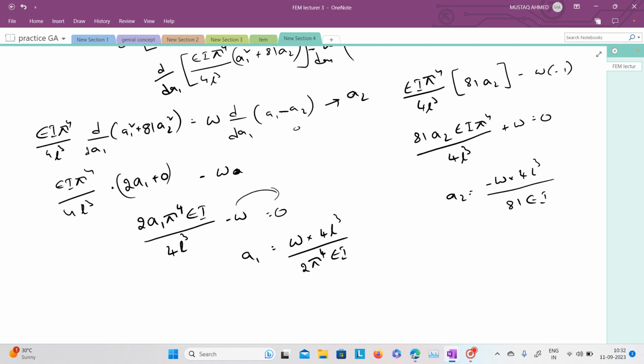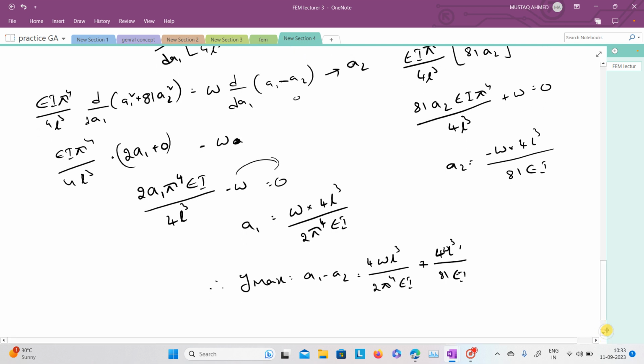Now, therefore, Y maximum equals A1 minus A2, what is A1? 4WL cube by 2 pi power 4 EI, minus into minus, plus 4WL cube by 81 EI pi power 4.